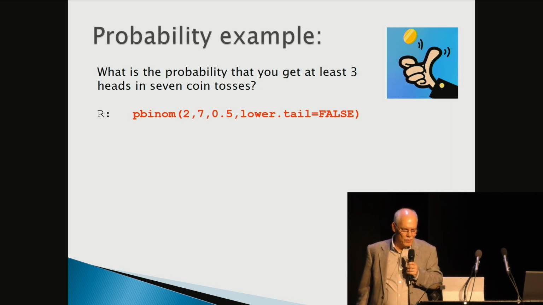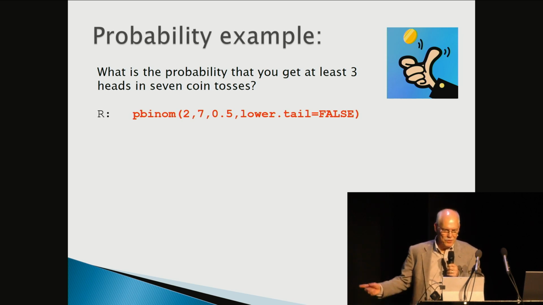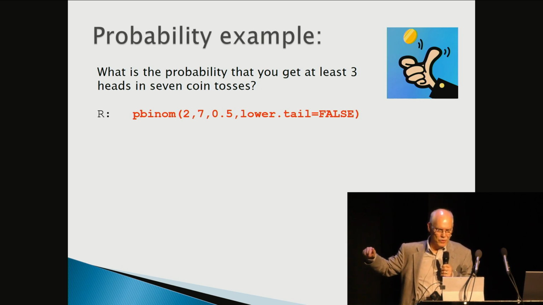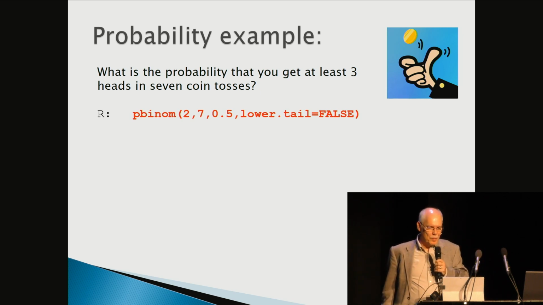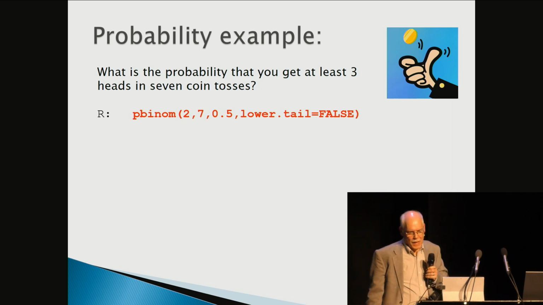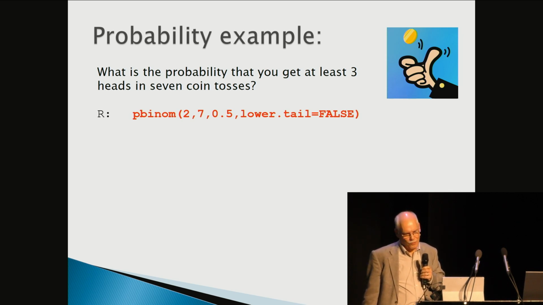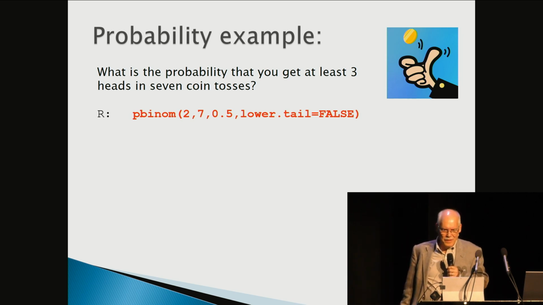Well, the way that R sets this up, you have to change that to 2 because you're doing an upper tail, and then you have to take the number of trials, which is 7, and then the probability of success, which is 0.5, assuming a fair coin, and then we have to say, okay, we want lower tail equal false. Okay, so there's a bit of work there, and if you look at that, it doesn't just jump out at you as to what you want to do.